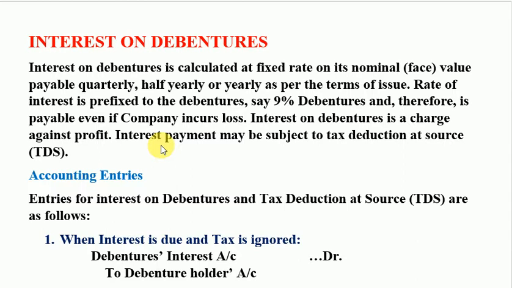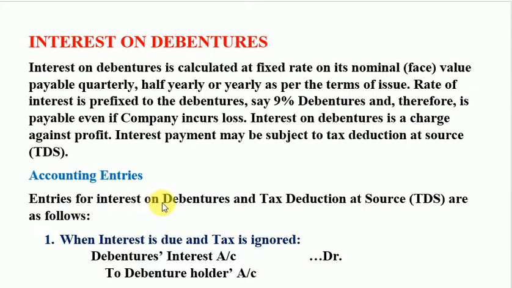That particular amount of tax is known as tax deduction at source, and the company is entitled to pay or transfer it to the government. So let's proceed towards the accounting entries for interest on debentures.